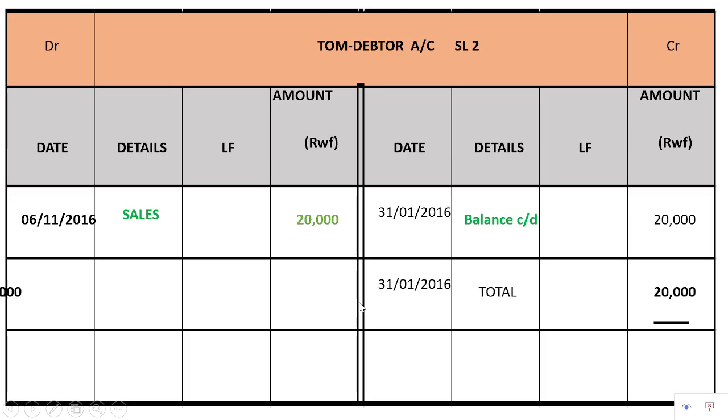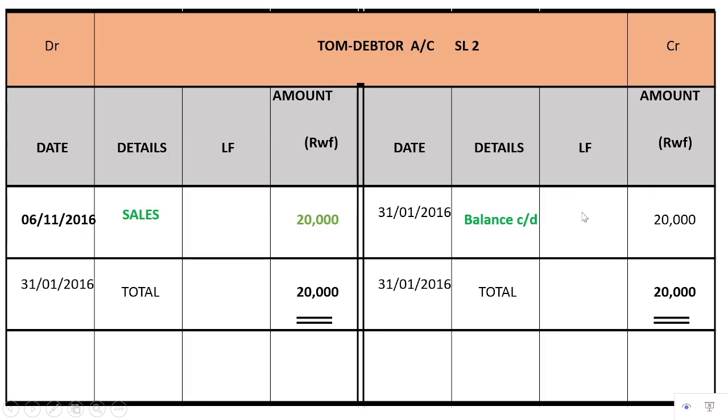Then we sum up the debit and the credit side separately to find the totals and make sure that debit and credit sides are equal. Then below we have a balance brought down.